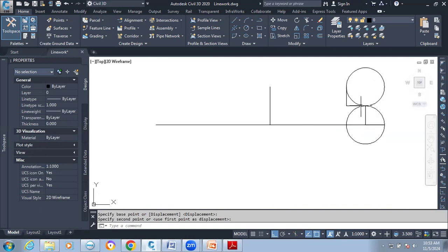Basically what I did wrong there, I went across 15. It was supposed to go straight up 15 and then the curves meet there. So you could trim off the excess.